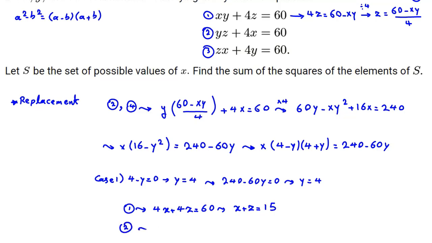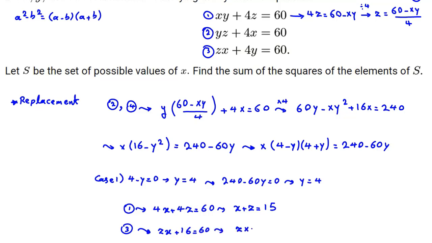Now if we replace in the second one, if we replace y with 4, again it will be the same thing. Let's consider the third equation, and replace y with 4. So it will be what? It will be zx plus 16 equals 60.